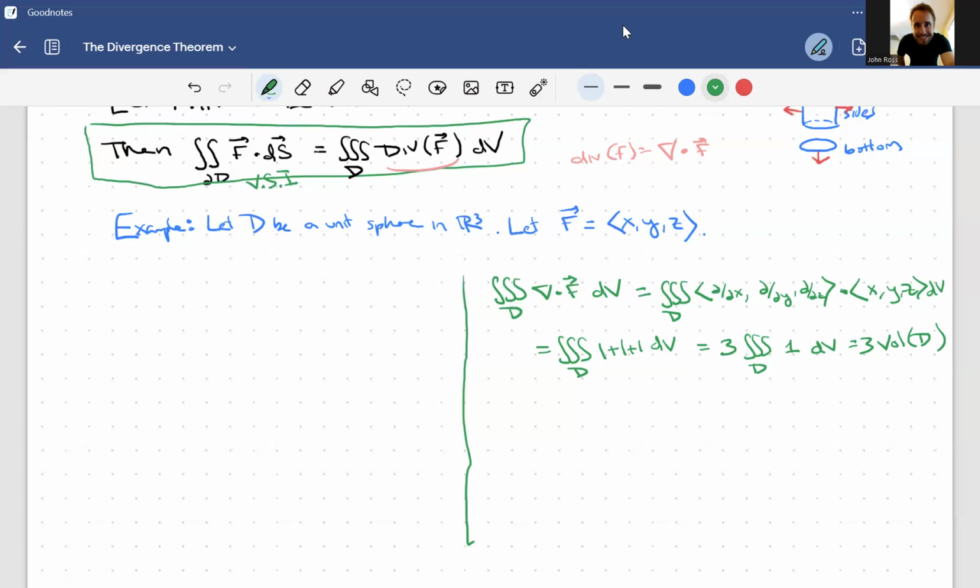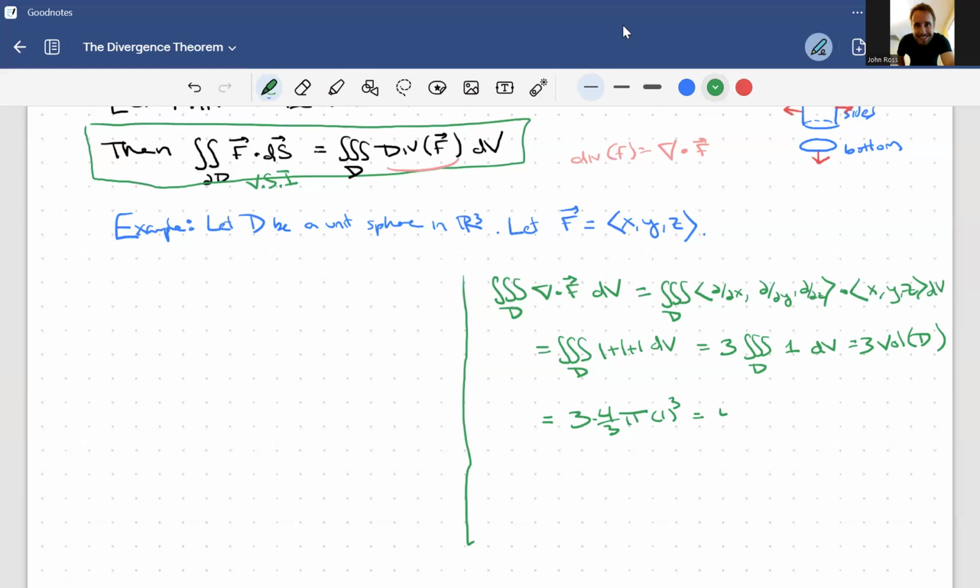This is great because we know that the volume of D is the volume of a unit sphere. Spheres have a volume formula that is 4/3 pi times the radius cubed. In this case, it's the unit sphere, so that's just 4/3 pi 1 cubed. And it's just thrice that. So 3 times 4/3 times pi times 1 cubed.